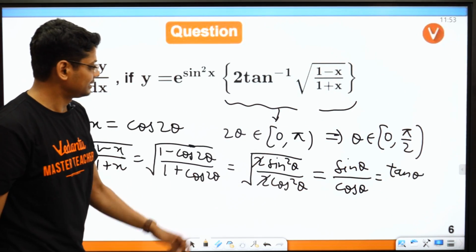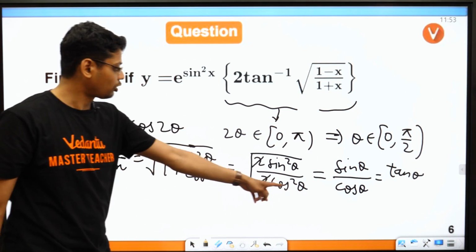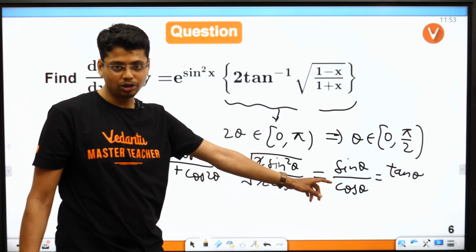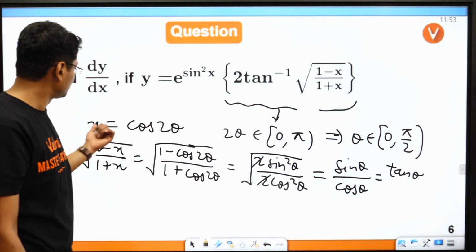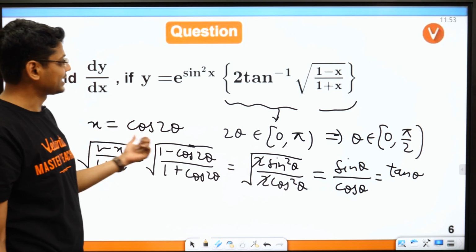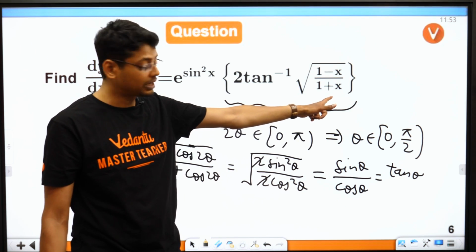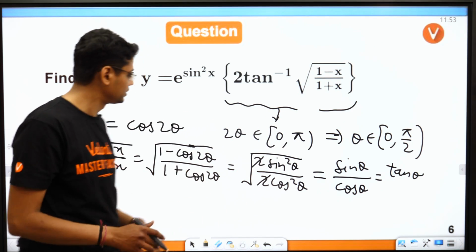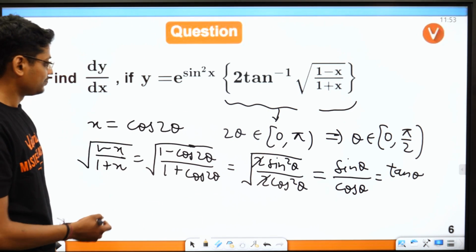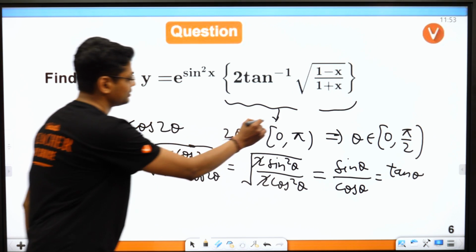So basically theta will not be pi by 2, so cos theta is not becoming 0, and in the same way in the original expression also cos 2 theta, which is x, is not becoming minus 1. So 1 plus x is not becoming 0 since it is coming in the denominator. That's it.